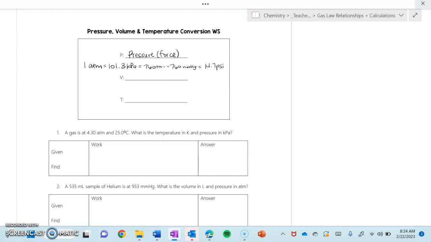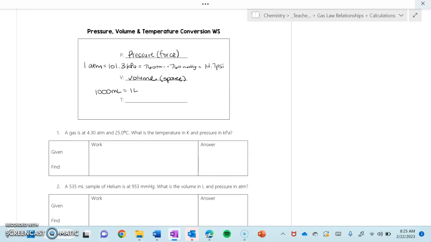Next, V represents volume, which is the space the gas takes up. A couple of helpful volume conversions. We've got 1,000 milliliters in 1 liter. Of course, you can always set up a conversion, but if you're given milliliters, a quick way to convert between milliliters and liters is to move that decimal, like we talked about at the beginning of the year.